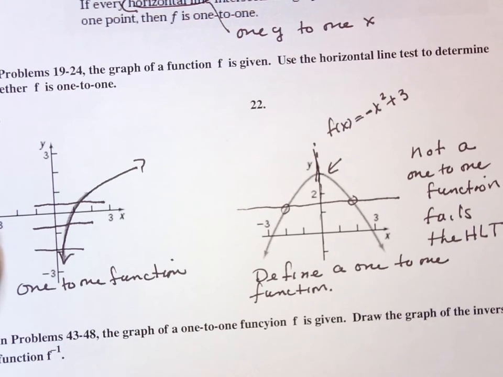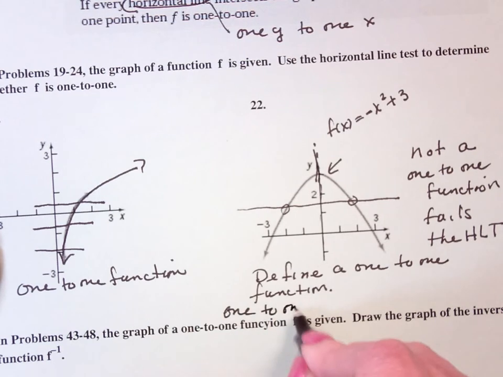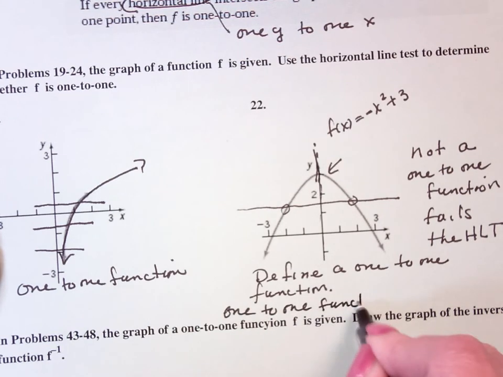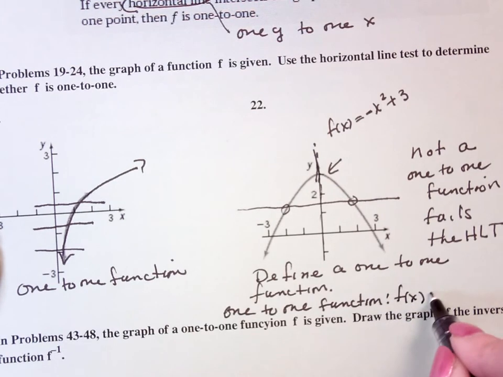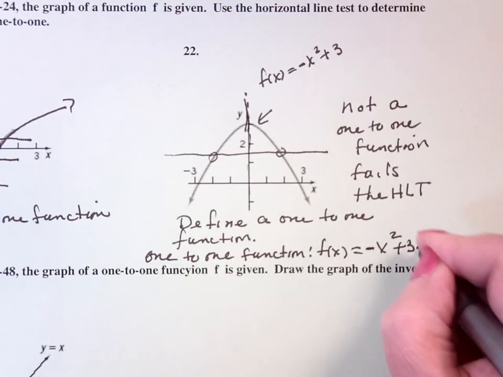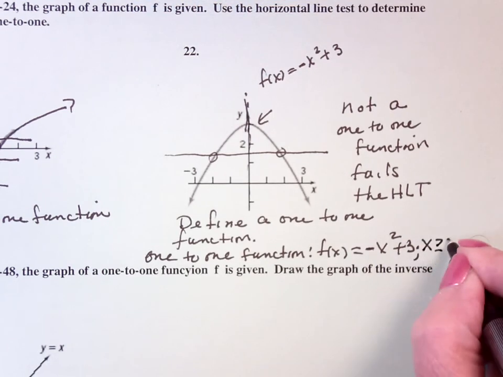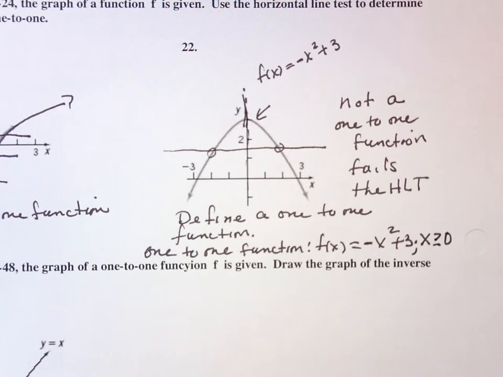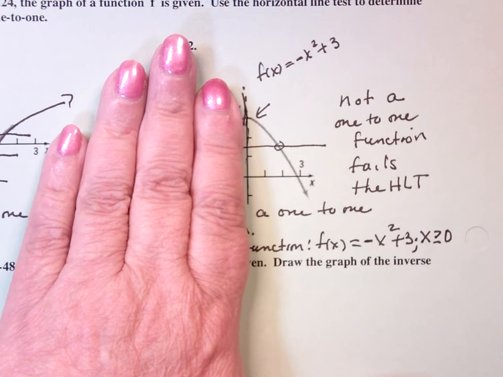I could say I have a one-to-one function by taking f of x equal to minus x squared plus 3, and I will define him only where x is greater than or equal to 0. Now, is he a one-to-one function? Yes.